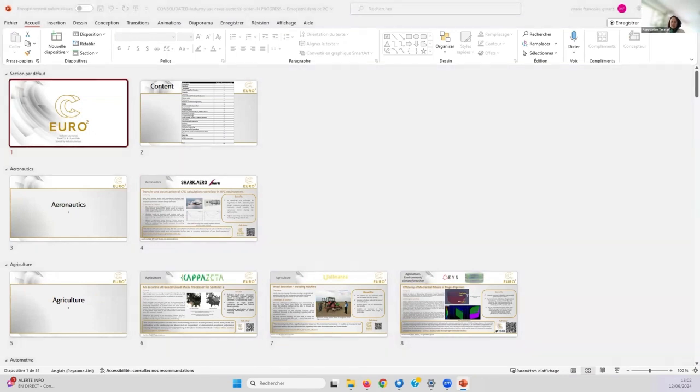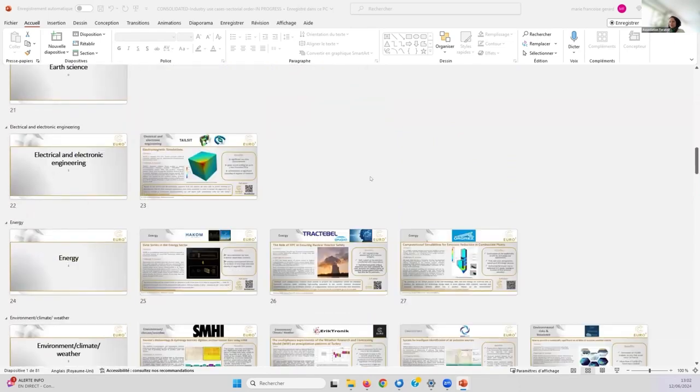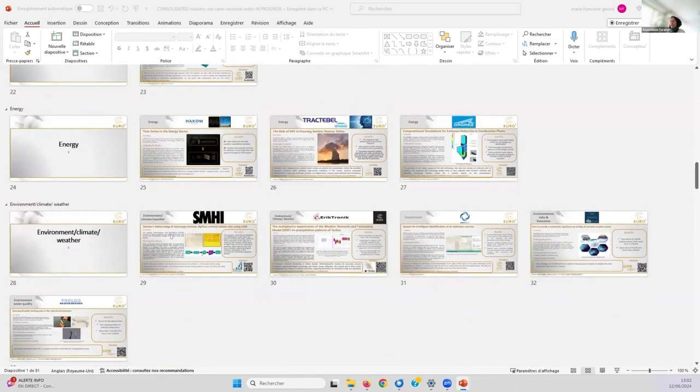With this portfolio, we aim to have a common set of industry use cases per sector. Using that, we noticed that we had several industry use cases for the environment, climate, weather specific sector. Therefore, we decided to start this series of workshops on this topic.